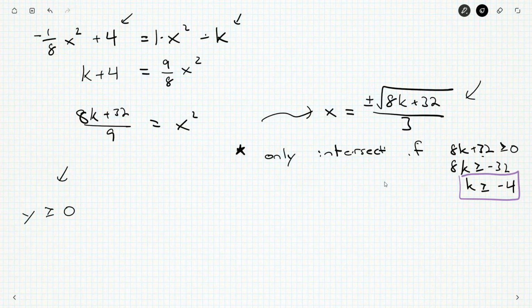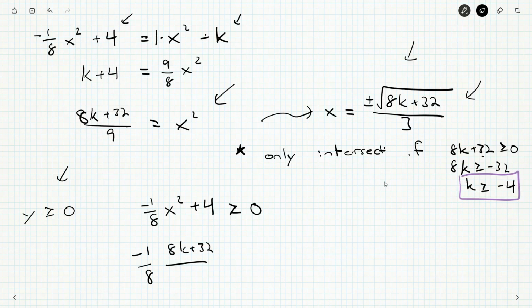But y, for our intersection, is the same as -1/8 x squared plus 4, so that needs to be greater than or equal to 0. Now I can plug in what x squared has to be. So -1/8 times 8k plus 32 all over 9, plus 4, has to be greater than or equal to 0.